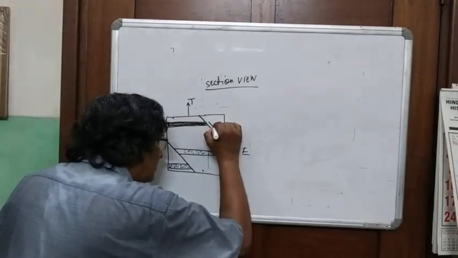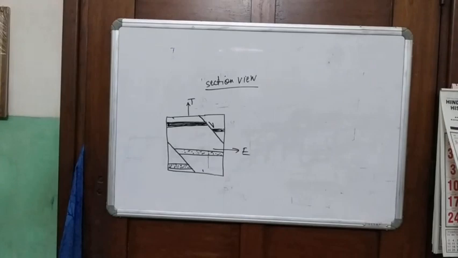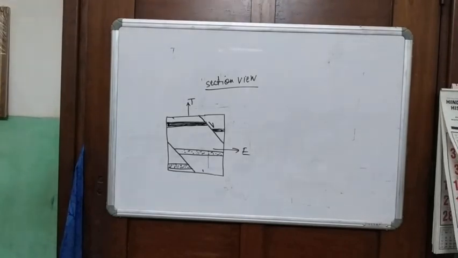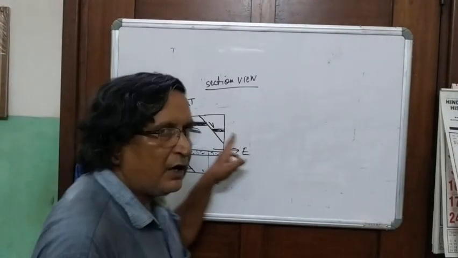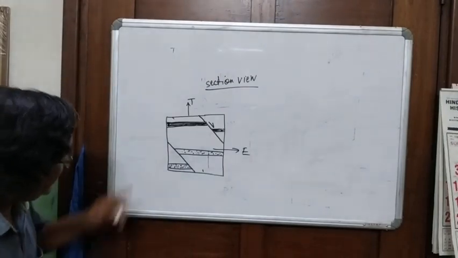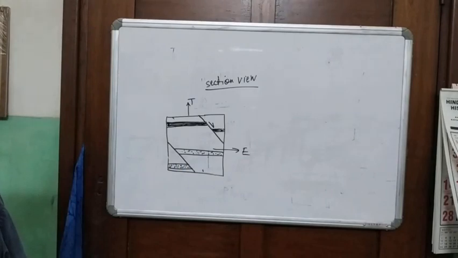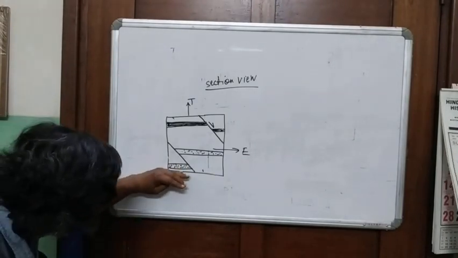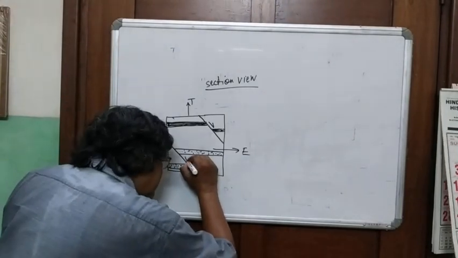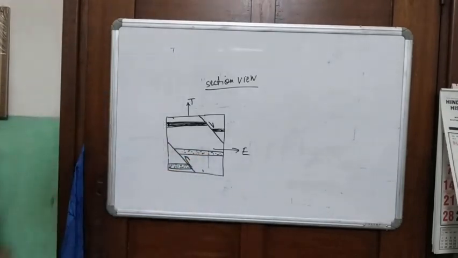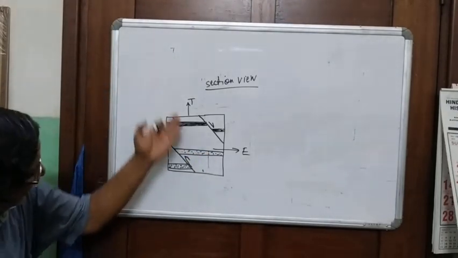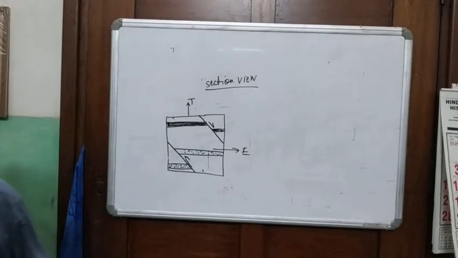So this part has moved down. Have you understood? This part has moved down. Now, if you look at this part, it's different. With respect to this, this has moved up. Although the angle of both has remained the same.